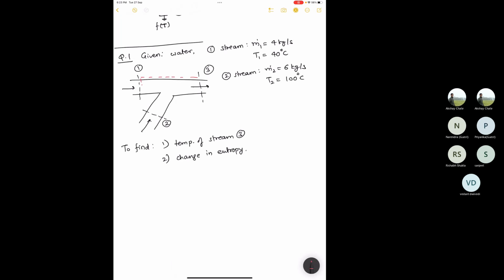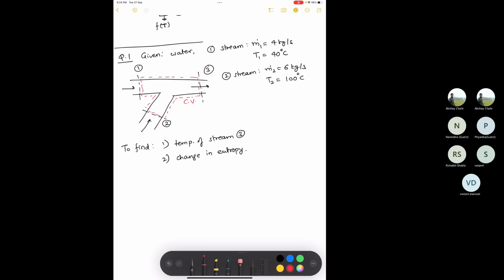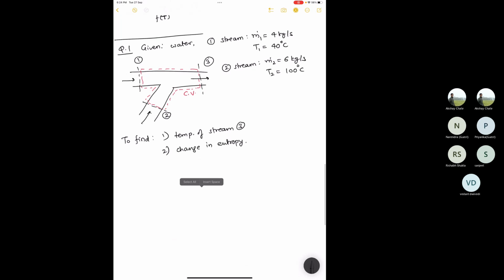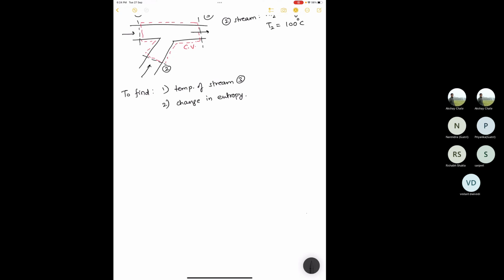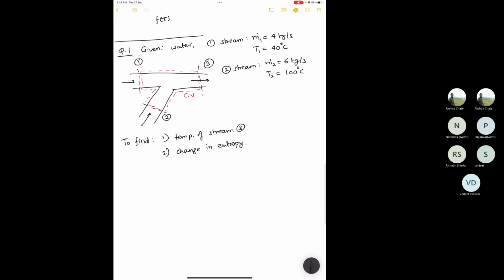You take this whole system as your control volume, and then you start solving the problem. This is a steady process. I mean, the system has achieved a steady state.